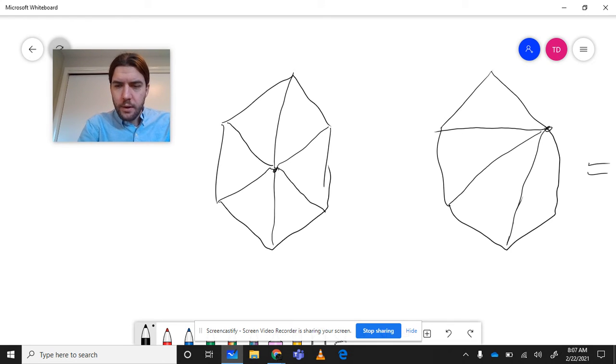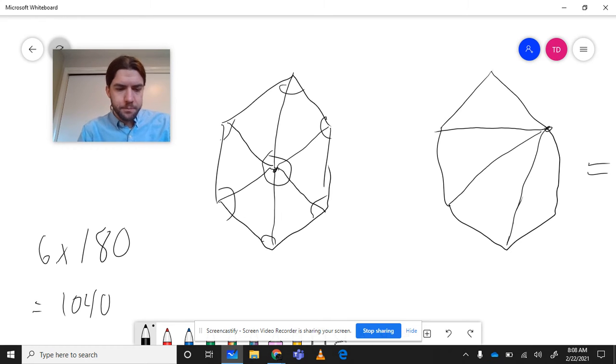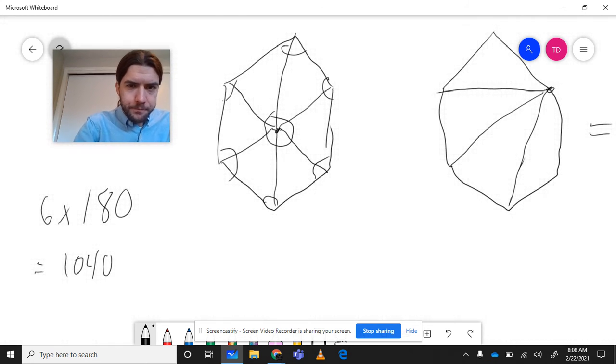But if we're trying to figure out how many angles are on the inside of this shape, we don't really want to include those. So if we did 6 times 180, we would get 1,080, and that would be all of the angles that I'm labeling right now. But we actually wouldn't want those in the center. So after we do that, we would just subtract 360.